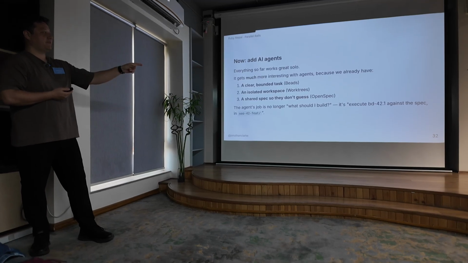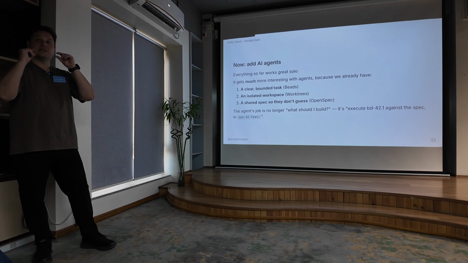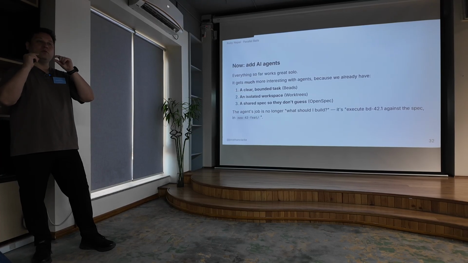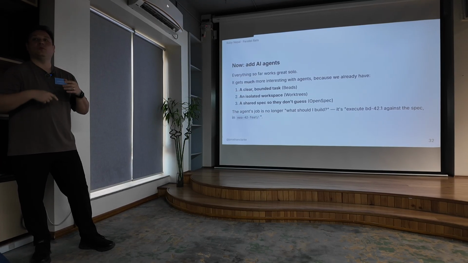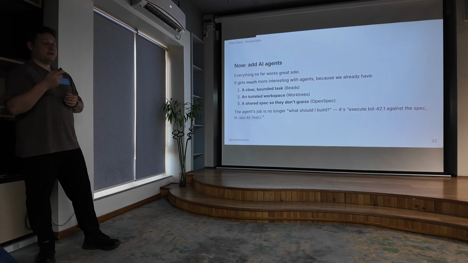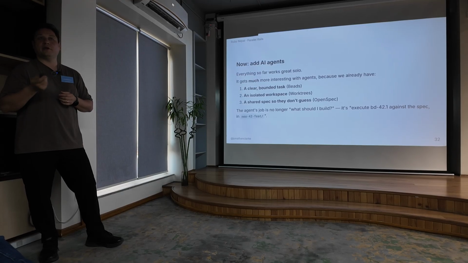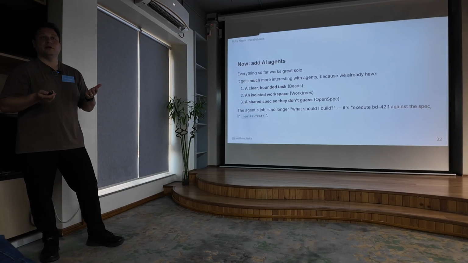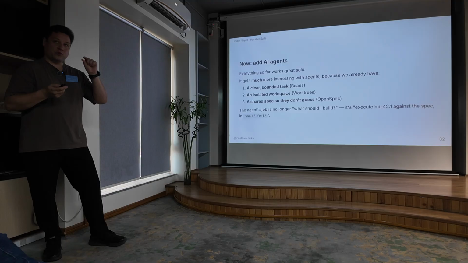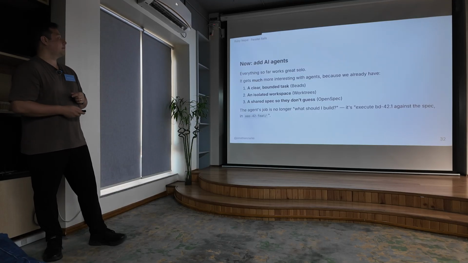It's specifically execute bd 42.1, which is the small unit of work, which then saves you tokens, which saves you money, which saves you time. This is very similar to the RSpec approach or the TDD approach that you've all been taught when doing Ruby. Break it down into small, tiny little chunks and work on it.